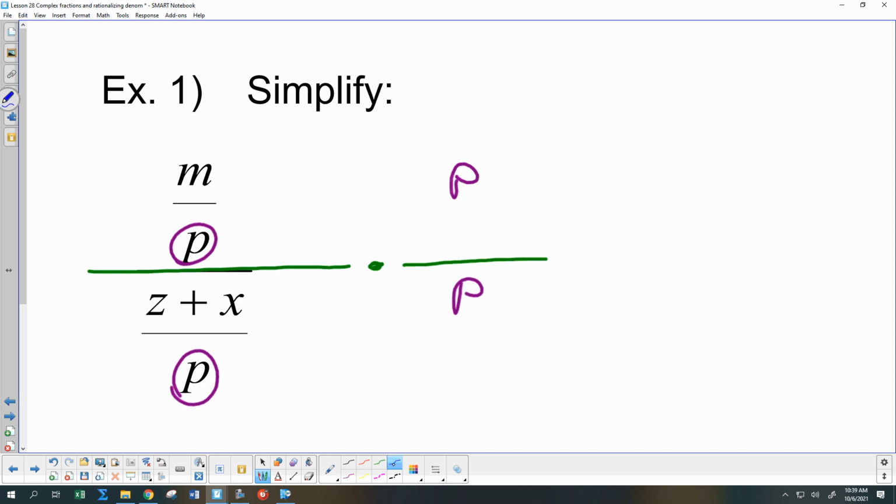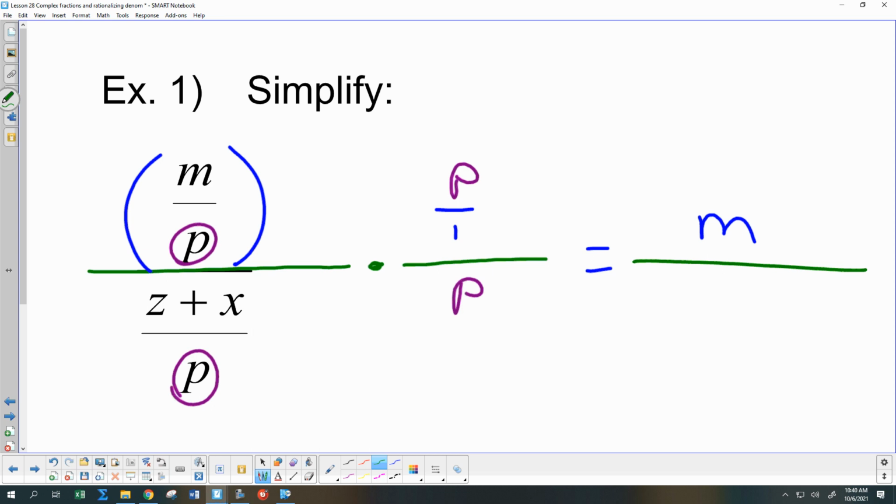Now, I need to multiply straight across M over P times this other numerator. But to make it a little easier, I can think of that as times P over 1. So the P's cancel, and I have M over 1, which is just M. And I do the same thing, more or less, in the denominator.